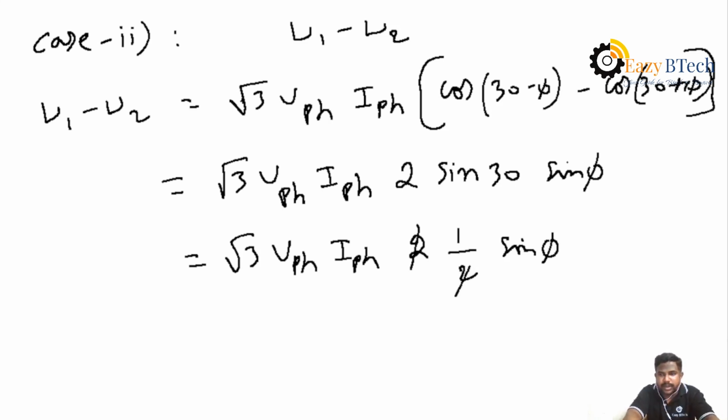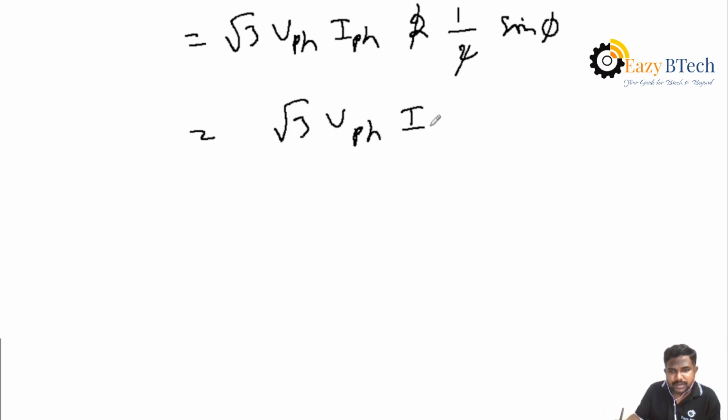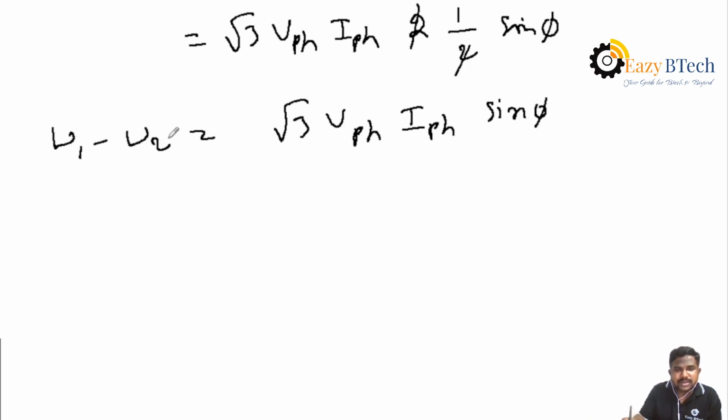Hence, the reading is root 3 VPH IPH sin 5. That is the reading of W1 minus W2.